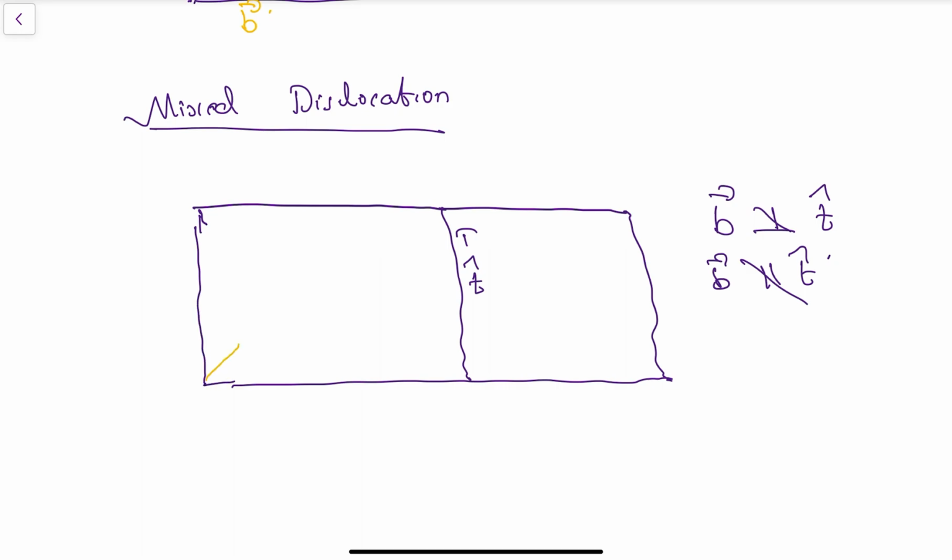So the dislocation appears like this, and this is called the mixed dislocation.